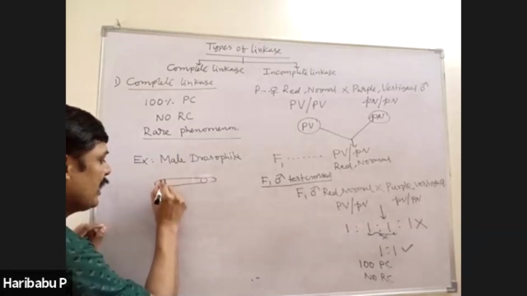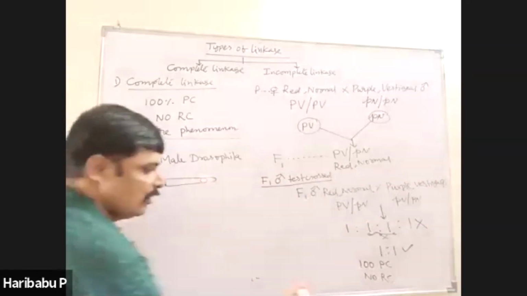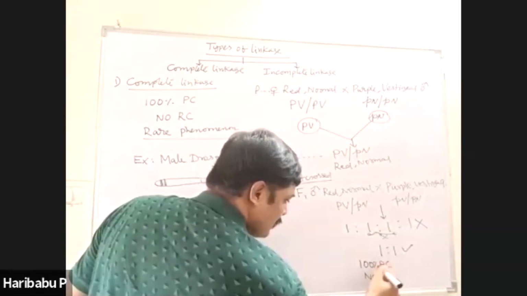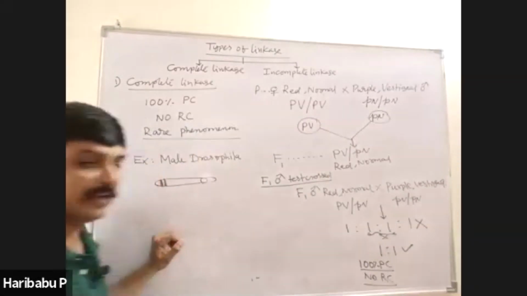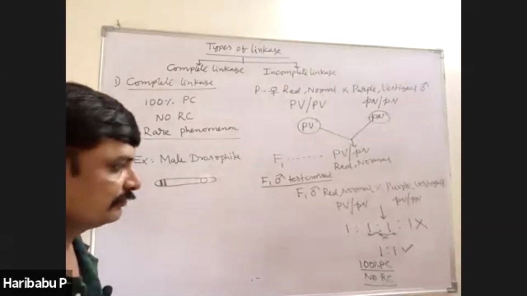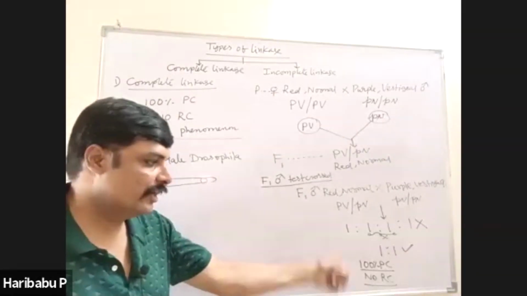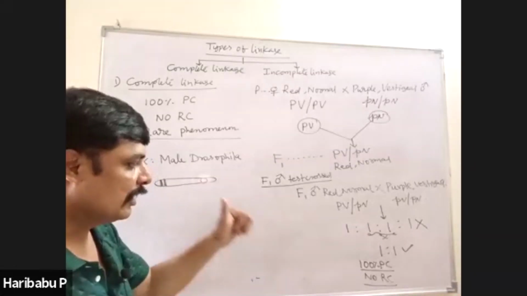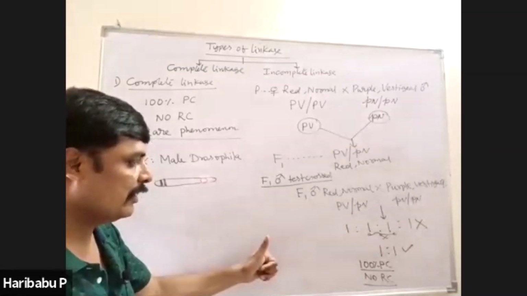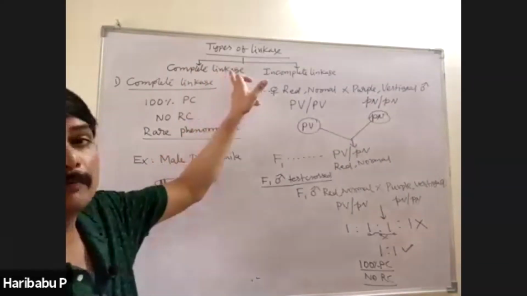There is no gap for crossing over. Therefore, 100% parental combinations and no recombinations are produced. This ratio indicates that there is no crossing over, and hence 100% parental combination means there is a complete linkage.